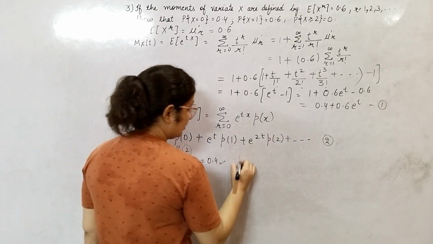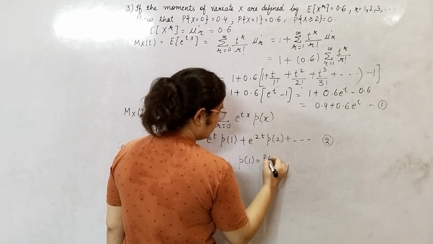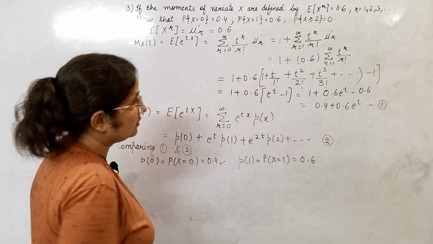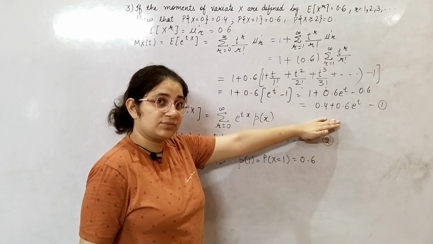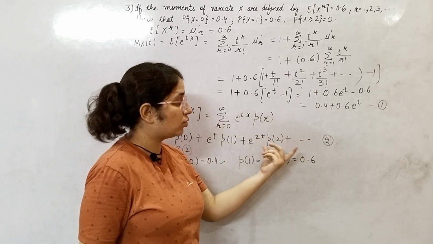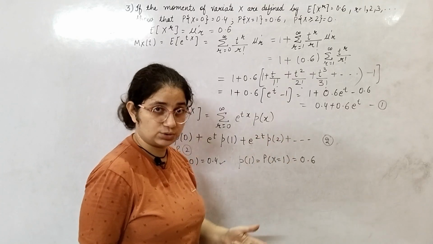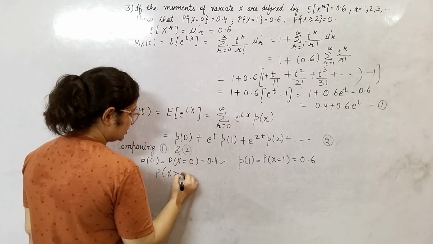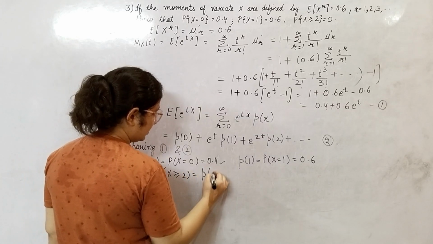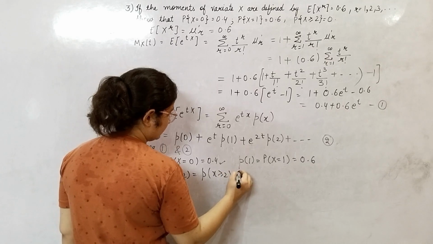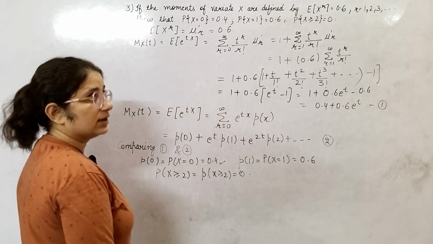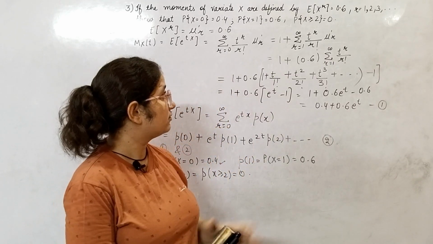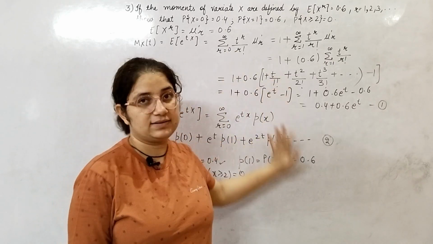Second thing, probability at 1, that is p of x is equal to 1, which is 0.6. Done that one. And after that there is no term here, but here are infinite terms, so all the terms which are greater than or equal to 2, that value will be 0. Probability that x is greater than or equal to 2 will be 0. Done. We did this question by the definition. Both definitions we used at the same time and then we get our result.